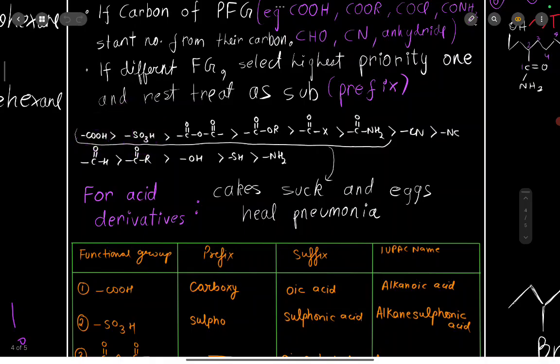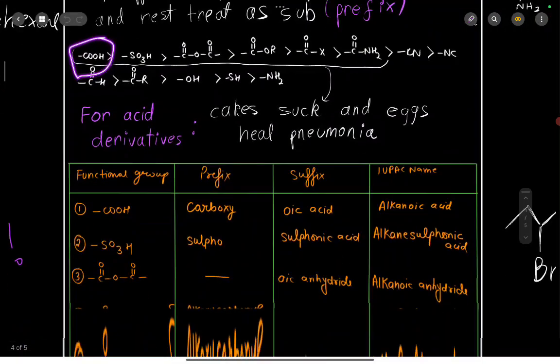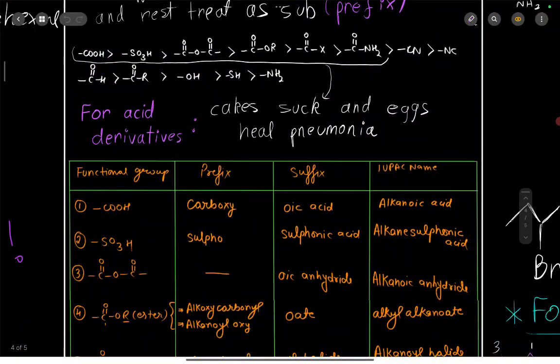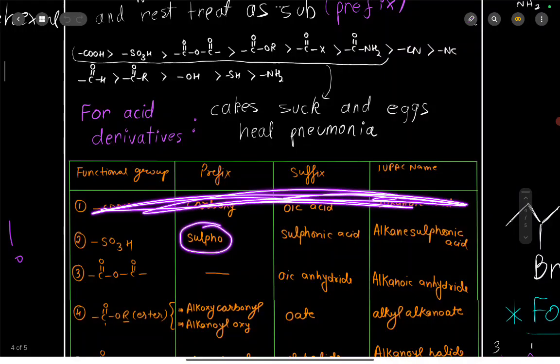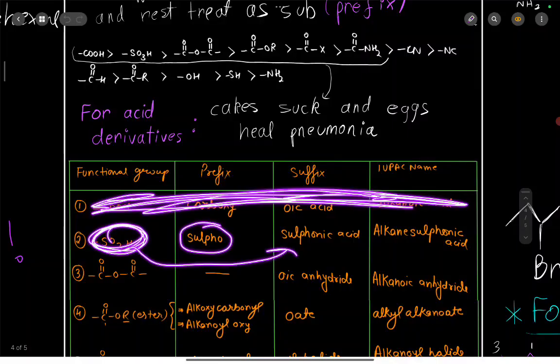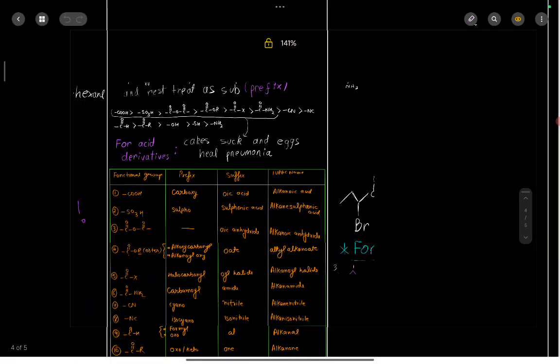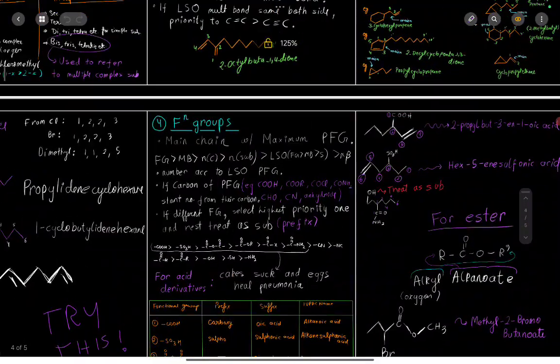No, only one of them takes the priority, and that is carboxylic. And sulfonic acid will be treated as a substituent because carboxylic is more prioritized. So if sulfonic is there in the compound, you have to use its prefix. But say carboxylic was not there. So now via priority order, sulfonic acid takes the second spot and we use the suffix sulfonic acid. Understood? Okay.